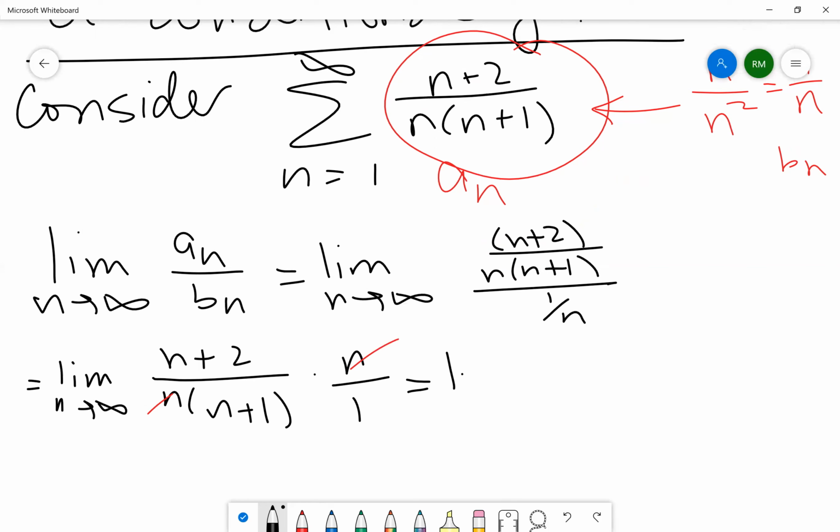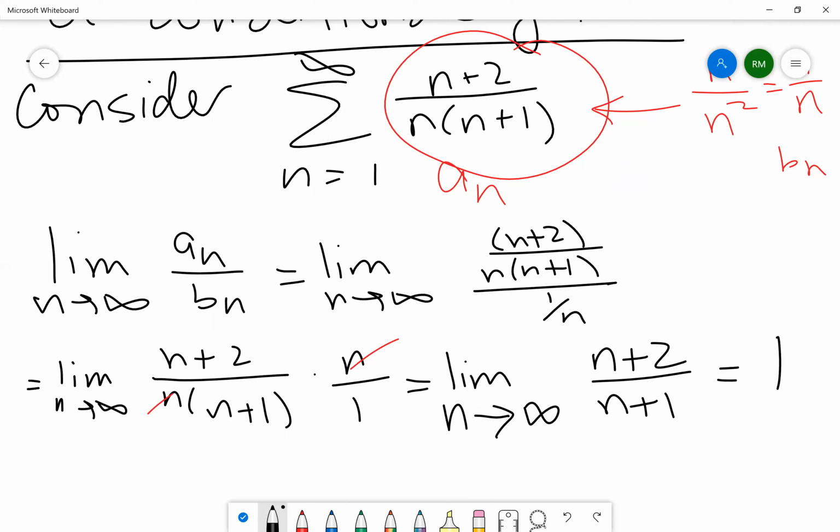So we get the limit as n goes to infinity of (n plus 2) over (n plus 1). We have the same degree polynomial in the numerator and denominator, and so we get a limit of 1 because the ratio of the leading terms is 1.